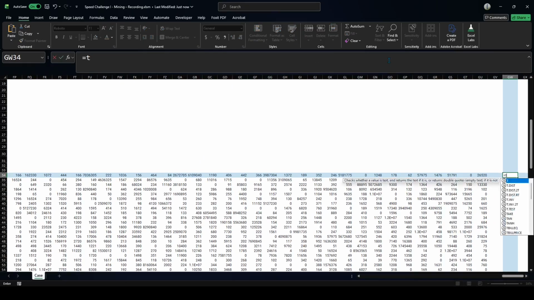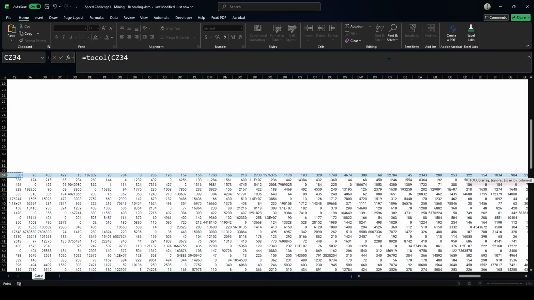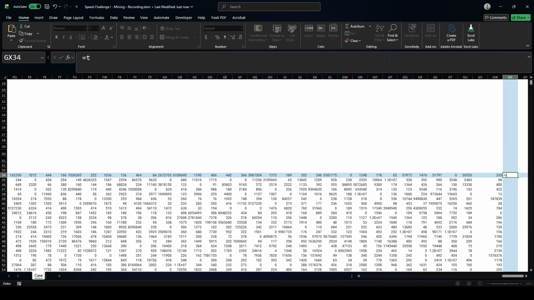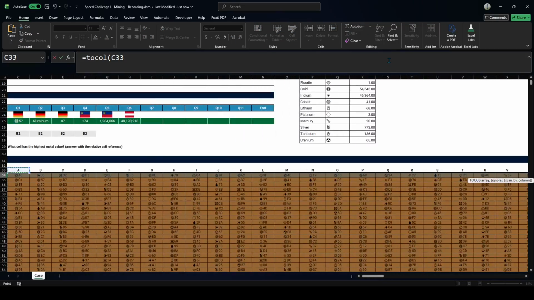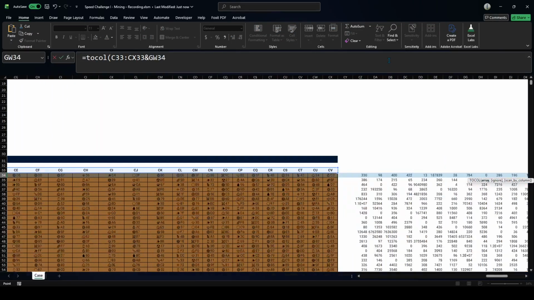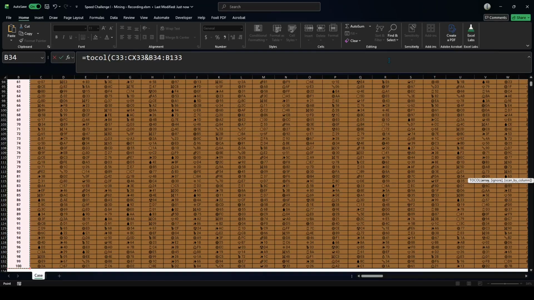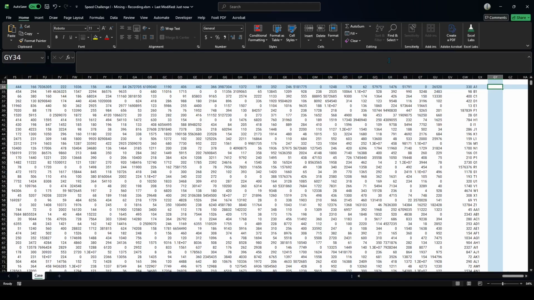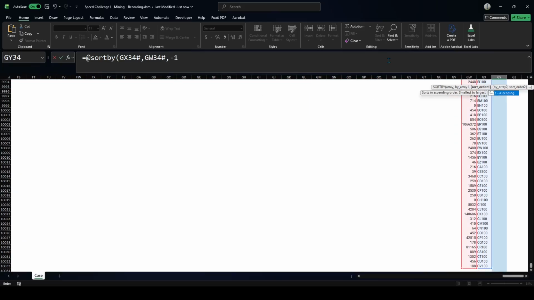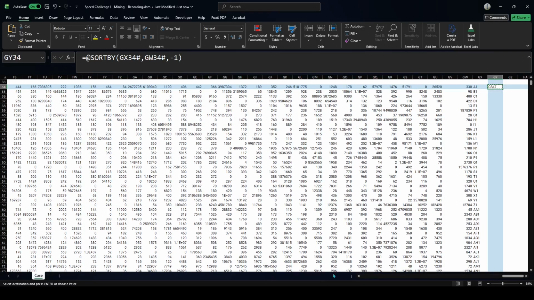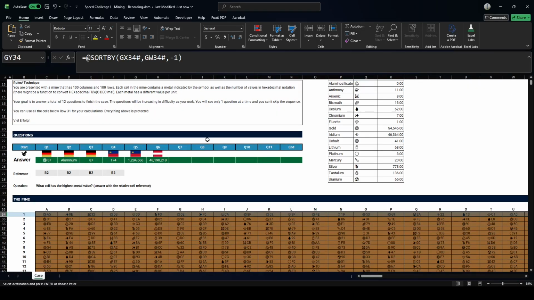And then what we're going to do is call this, and then call the columns and the rows. Okay, so CS47.